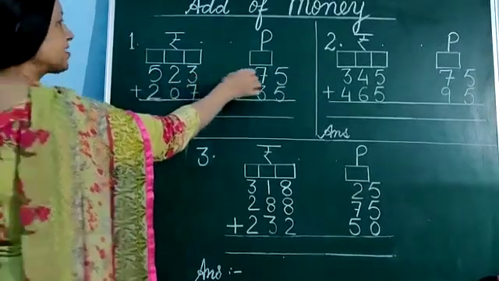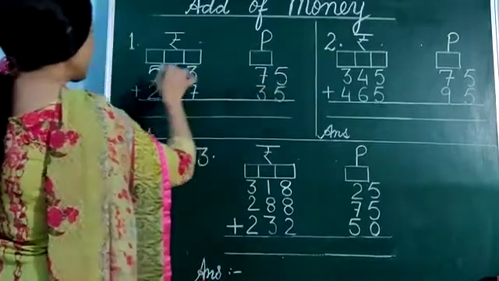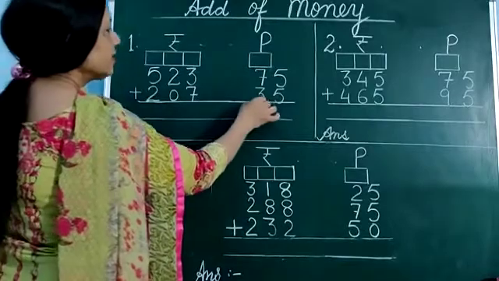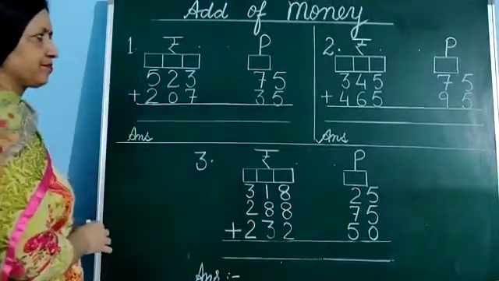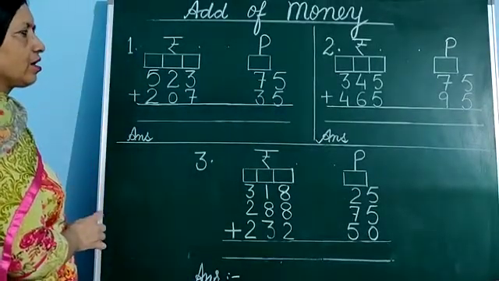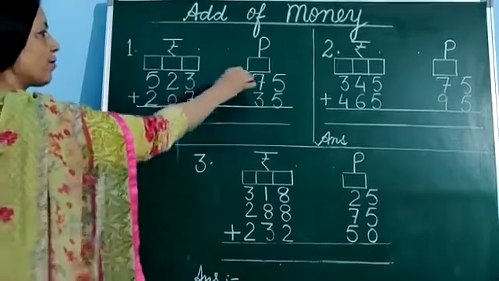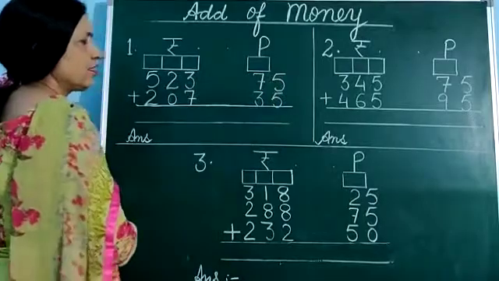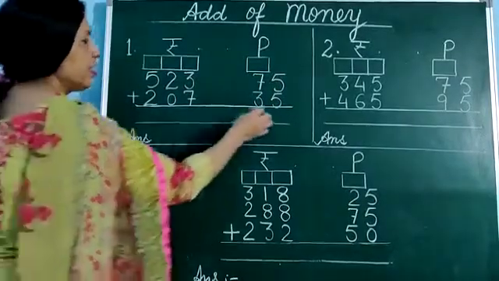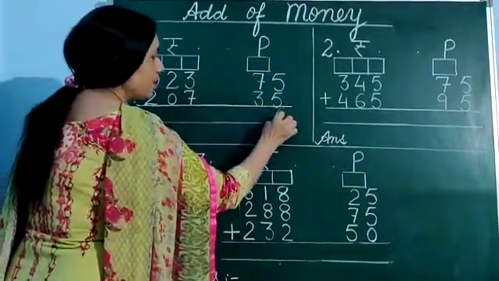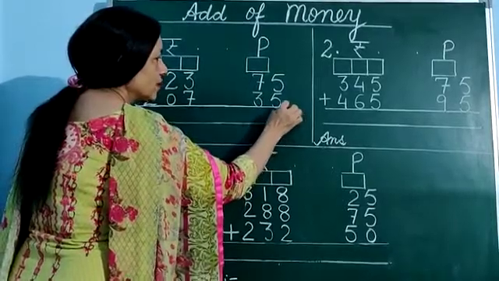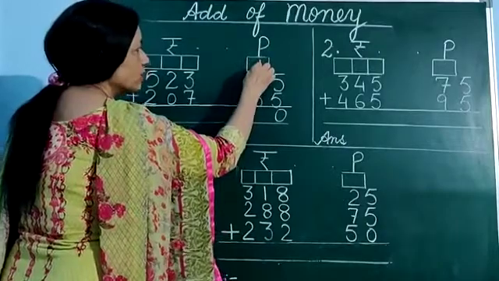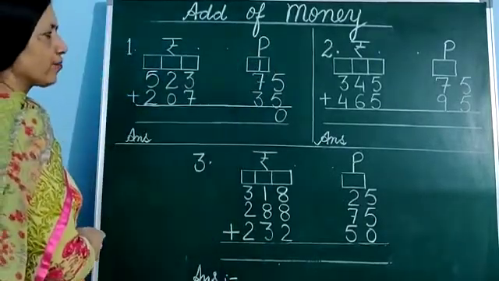Now the first sum is add rupees 523 and 75 paise to 207 rupees and 35 paise. Now add these two numbers. Now 5 plus 5 is 10. 10 is a double digit number, so write down 0 here and 1 in the box as a carryover.